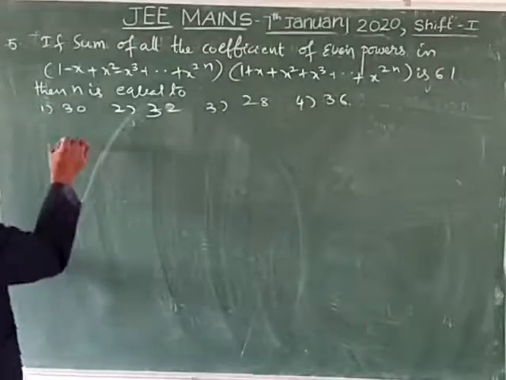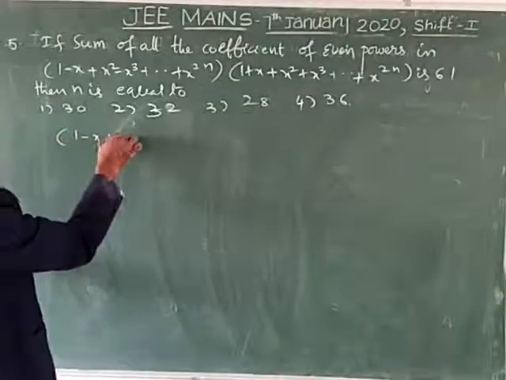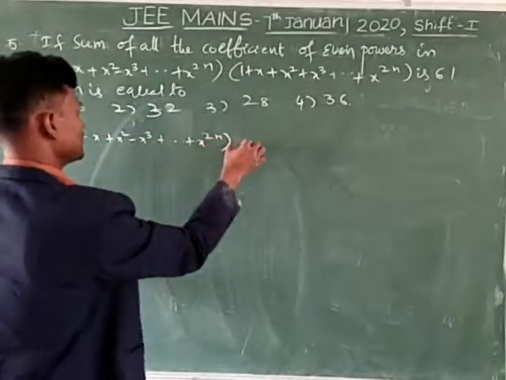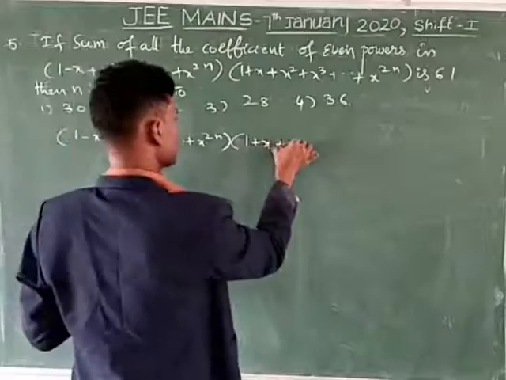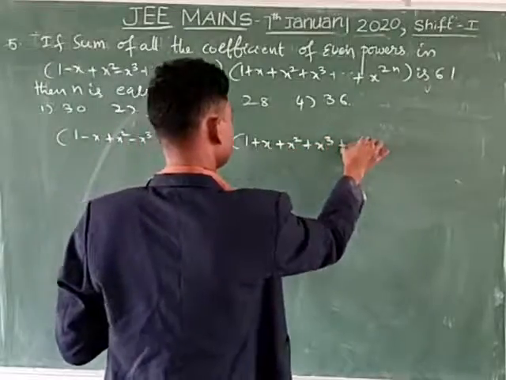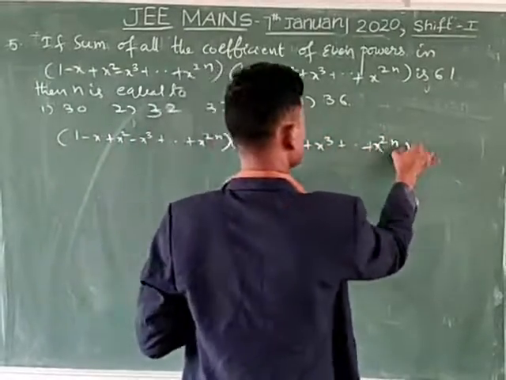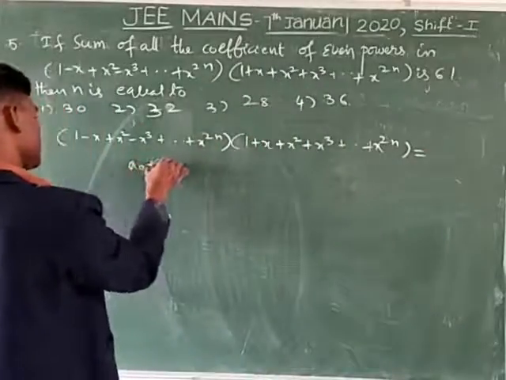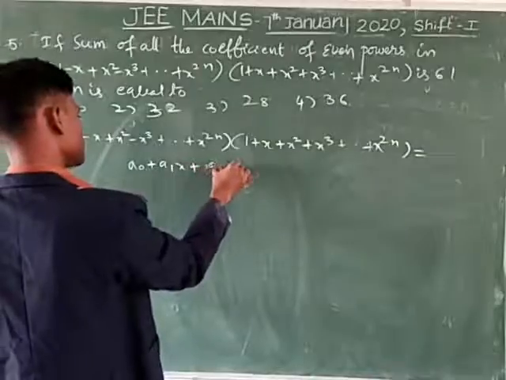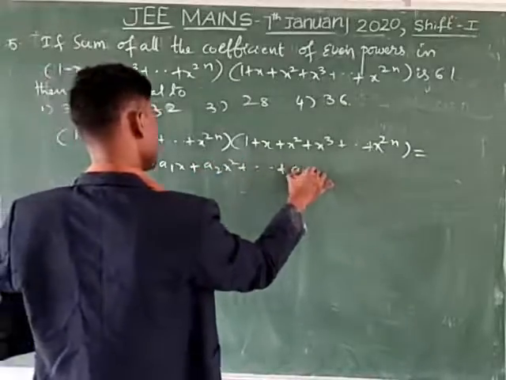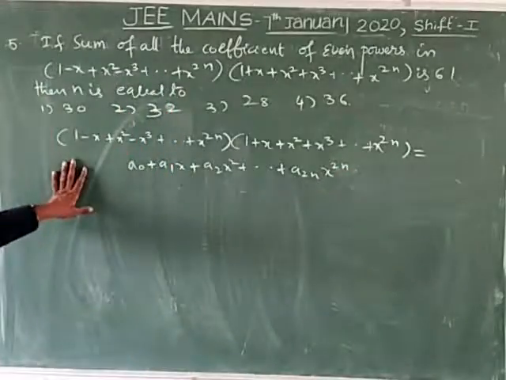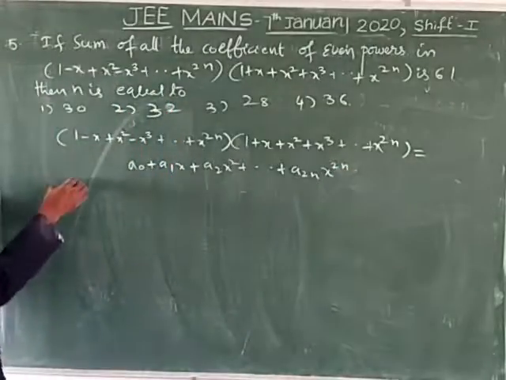See here, (1 − x + x² − x³ + ... + x^(2n)) into (1 + x + x² + x³ + ... + x^(2n)) is equal to a0 + a1x + a2x² + ... + a2n x^(2n). Now here, instead of x you have to take 1.